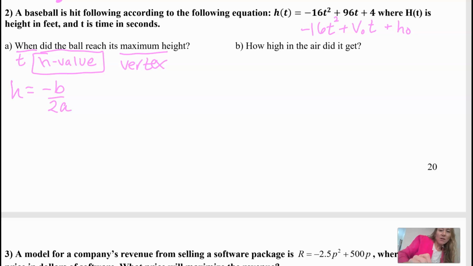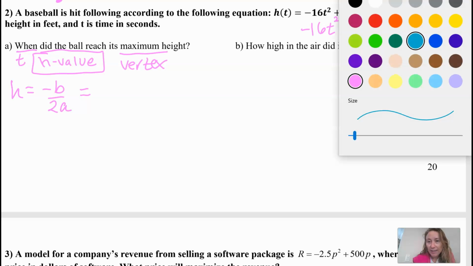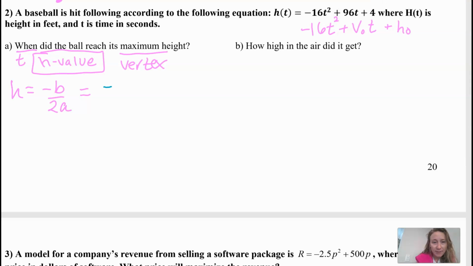And so I'm going to use the equation. So it's going to be negative 96 divided by 2 times a, which is negative 16. And of course, for all of these, since we're talking about a real life application, we're expecting positive numbers, right?